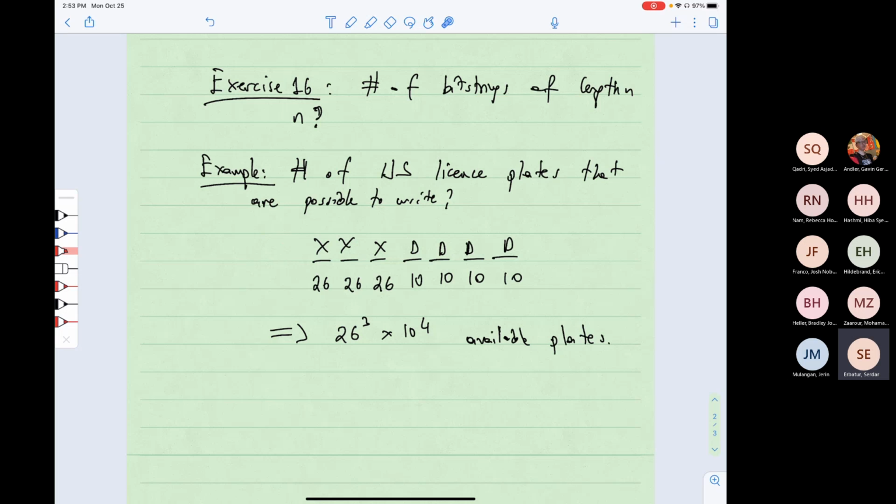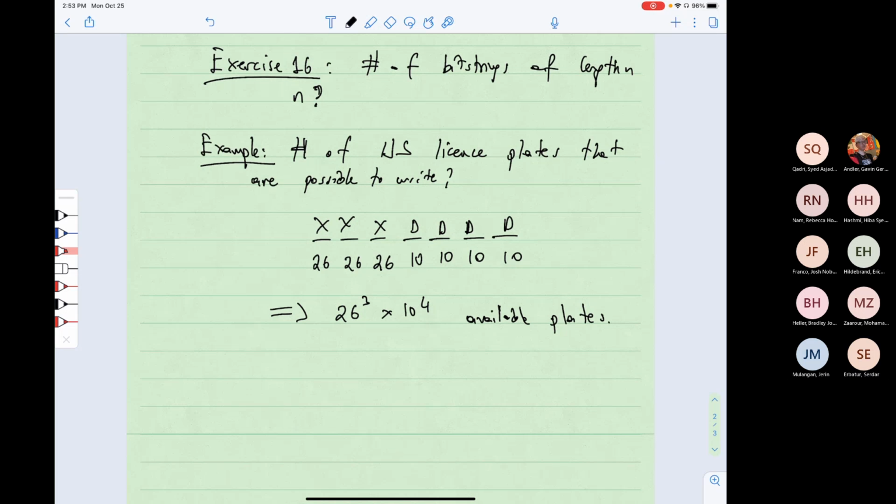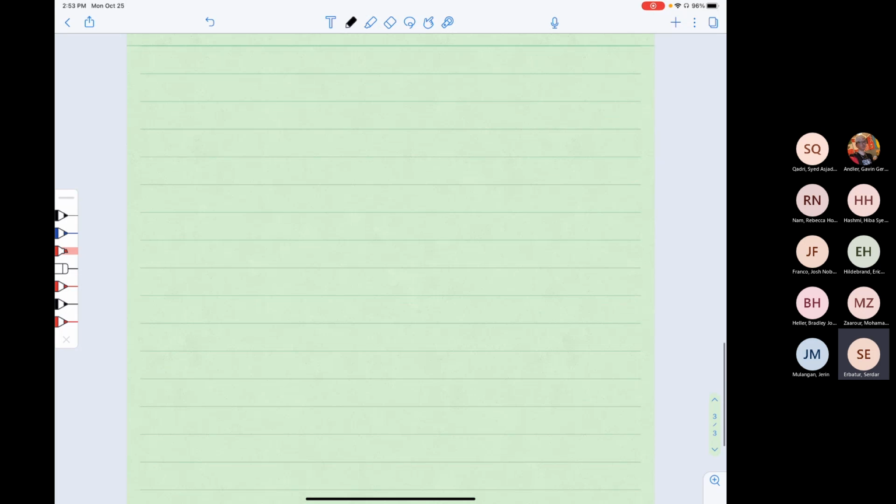Okay, let's count functions. Another example.